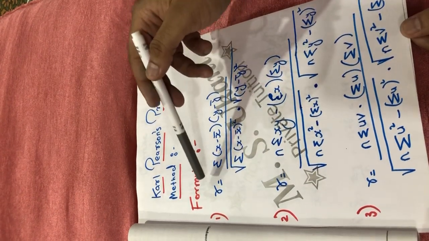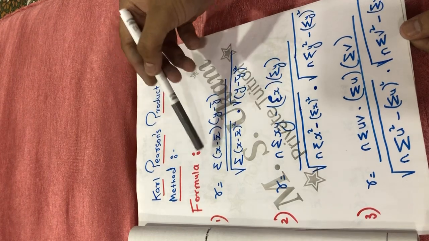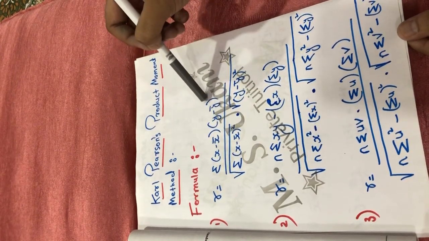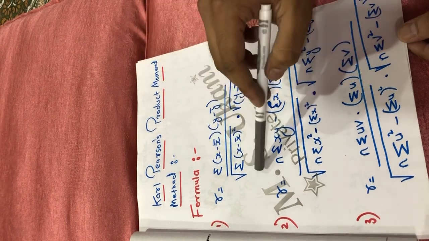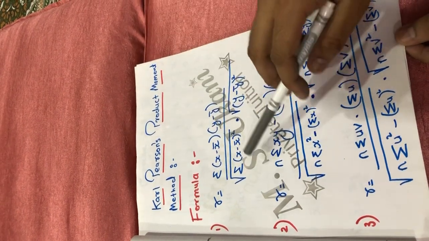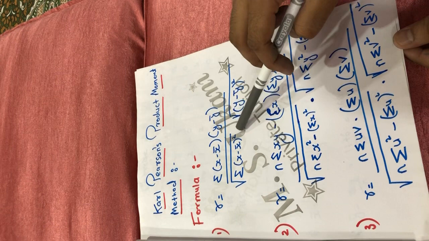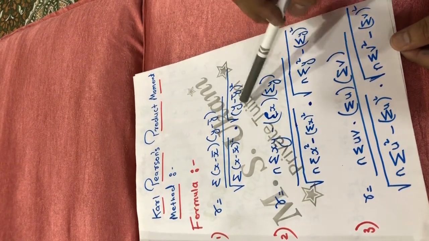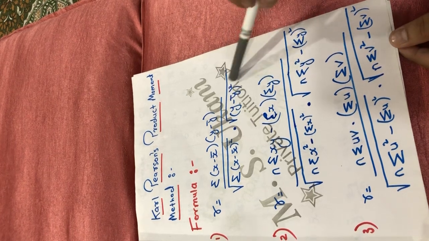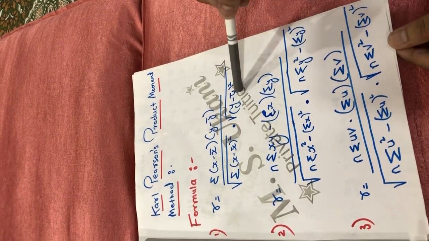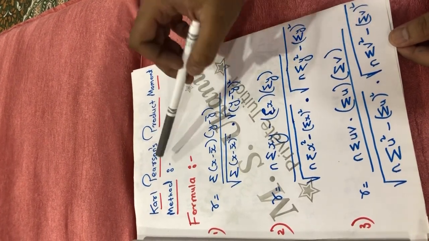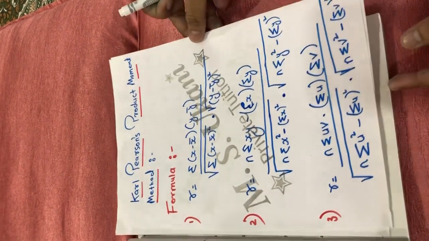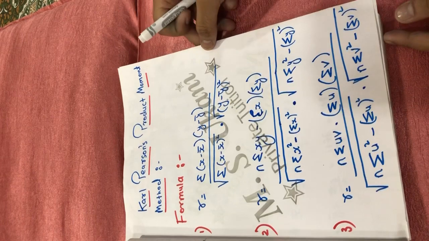So R is equal to summation x minus x bar multiplied by y minus y bar upon whole under root summation x minus x bar whole square multiplied by under root y minus y bar whole square. So this is the first formula for calculating Karl-Pearson product moment method. So in this way, total there are 3 formula.